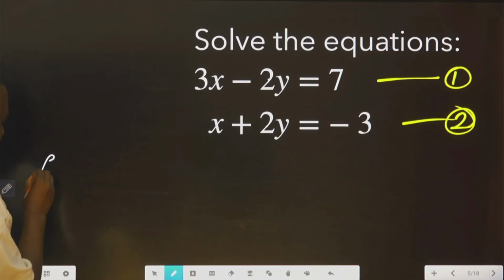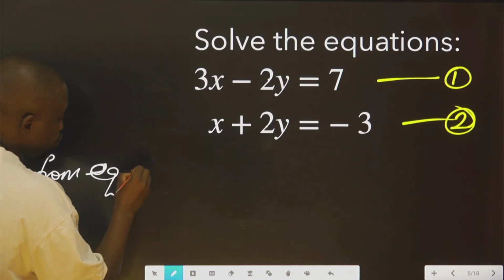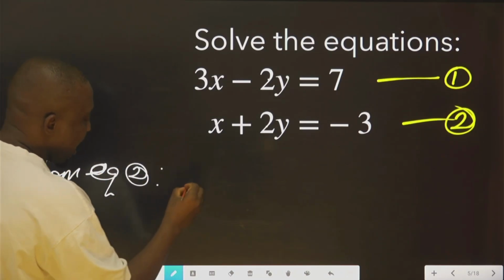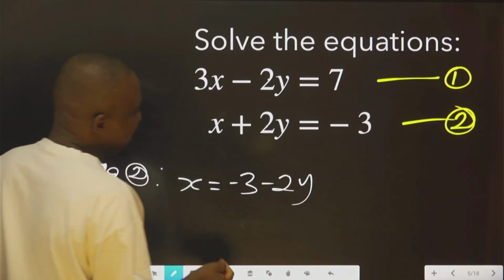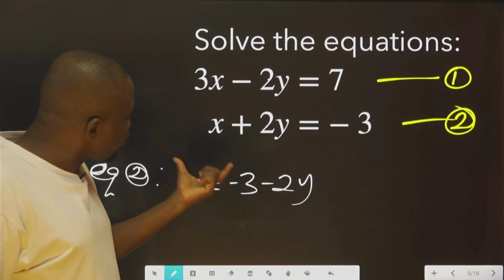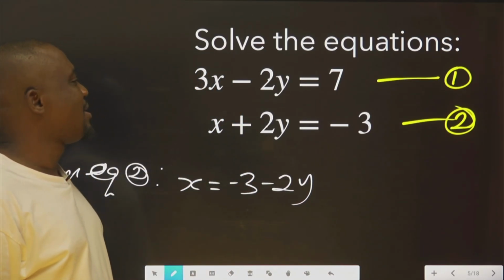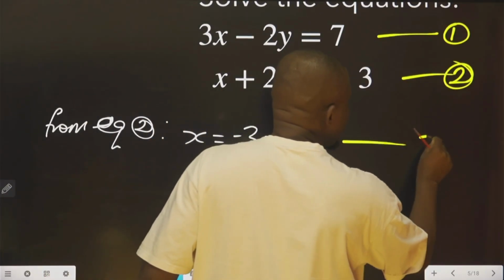I will say from equation 2, x equals minus 3 minus 2y. That is, moving this one to the other side. Now that I have x, I will substitute this x in equation 1. Let me call this one equation 3, okay?